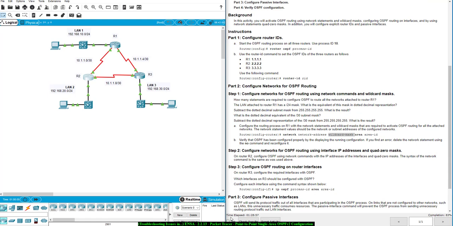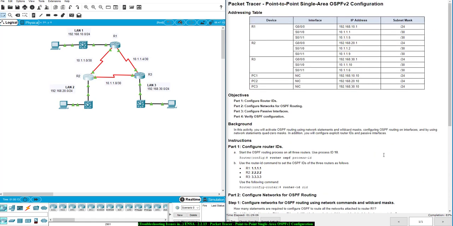All right, so what we want to do is, let's see, quad 0 masks. So interface addresses and quad 0 masks. So if we go up to the addressing table, IP addresses right there, and wildcard masks. So let's do that.